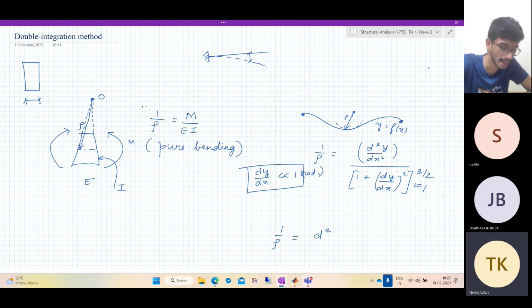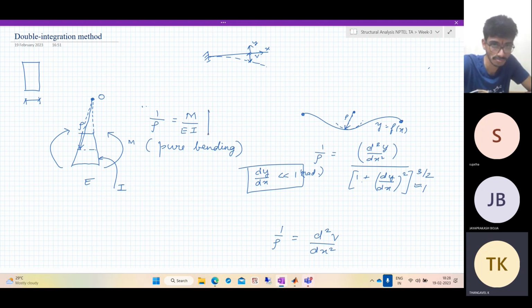If you take the x-axis initially to coincide with the beam, then the vertical deflection is equal to the coordinate of the elastic curve. Let's just call the vertical deflection v. So the curvature is related to the deflection as d square v by dx square, approximately, once you ignore this term.